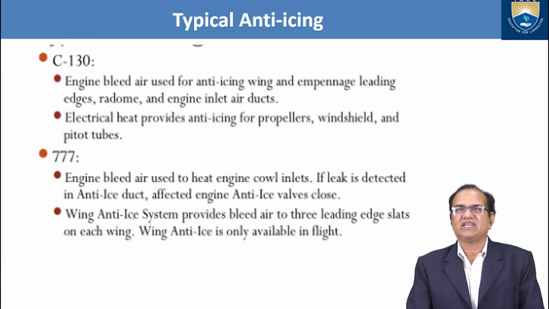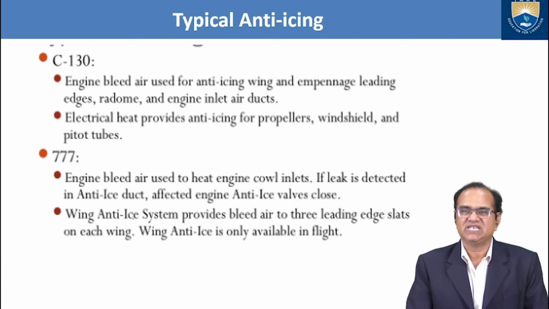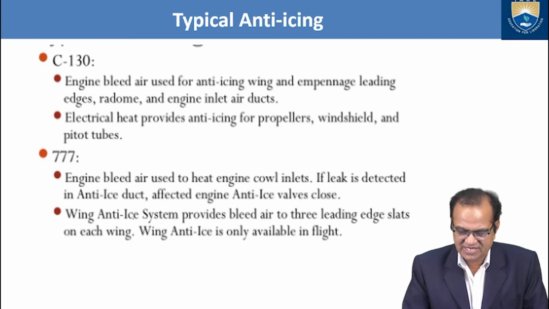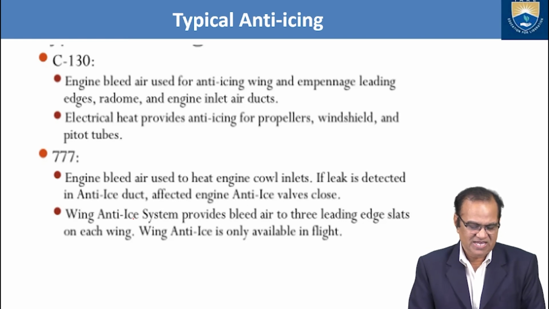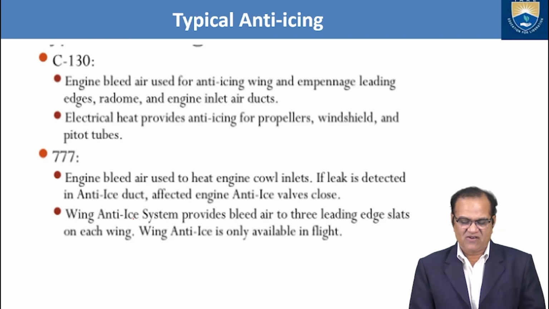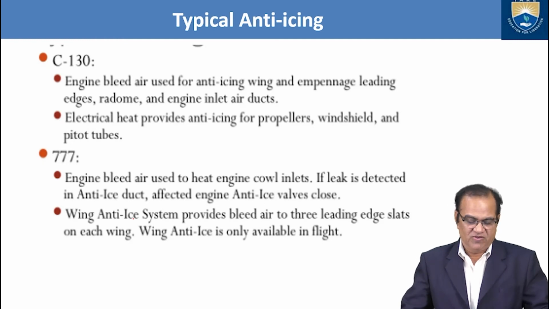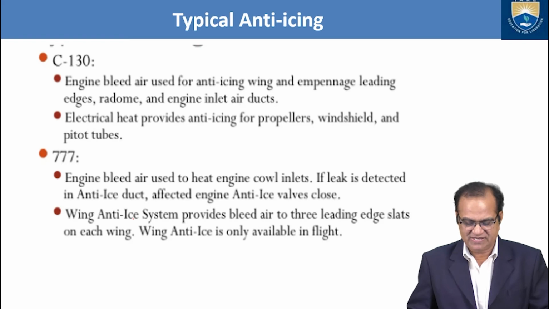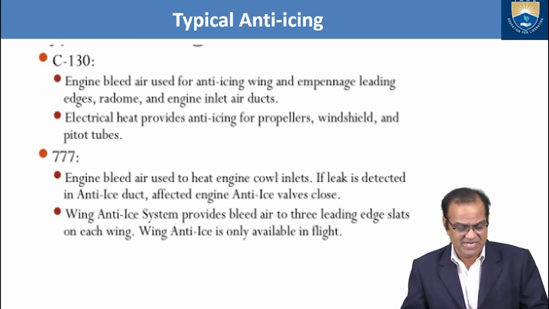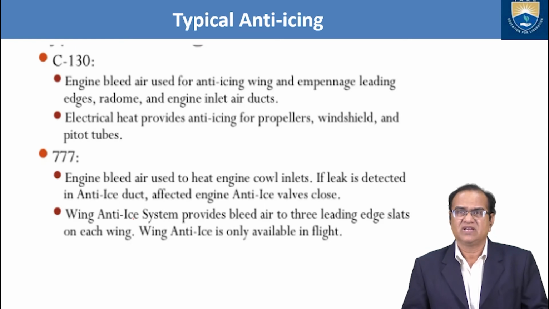Engine bleed air is used to heat the engine cowl inlets. If a leak is detected in an anti-ice duct, the affected engine anti-ice valve closes. The wing anti-icing system provides bleed air to 3 leading edge slats on each wing. Wing anti-ice is only available in flight.